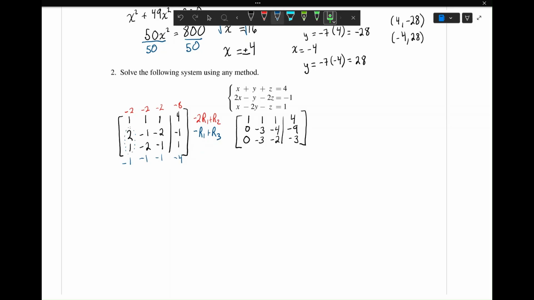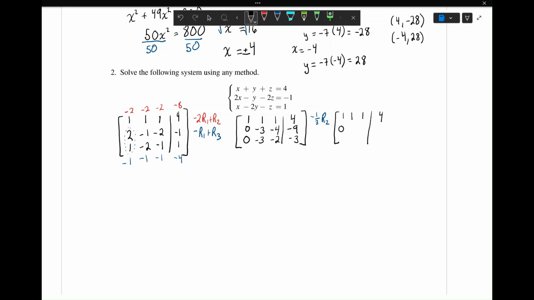Okay, now I'm going to try to make it so I have a 1 in the second row, second column, because my goal is 1s along the main diagonal and 0s everywhere else. So I'm going to do -1/3 times row 2. And so the only thing that's changed here is row 2.